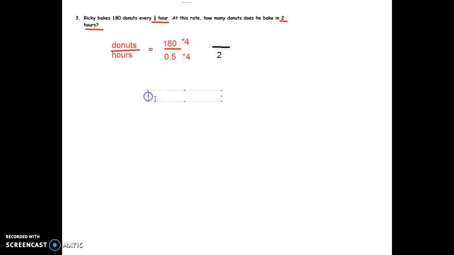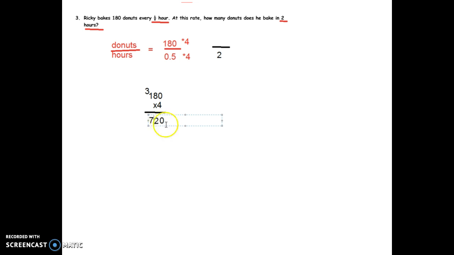And 180 times 4, well, let's work it out. 180 times 4. What are you guys going to get? 4 times 0 is 0. 4 times 8 is 32. I need to bring my 3 up here to regroup. 4 times 1 is 4.